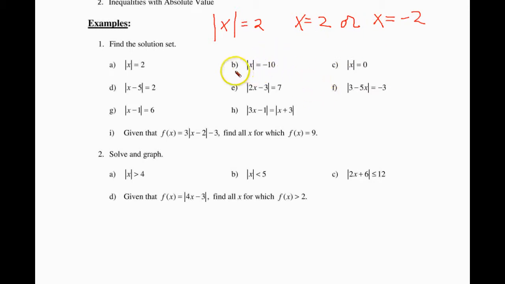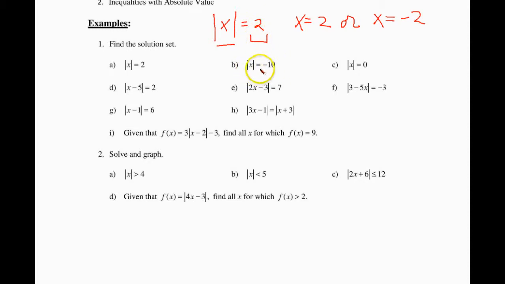Now, as we look at letter B, here they're giving us sort of a contradiction. They're saying the absolute value of something is a negative something. Well, we just finished defining absolute value of something as always its positive value.